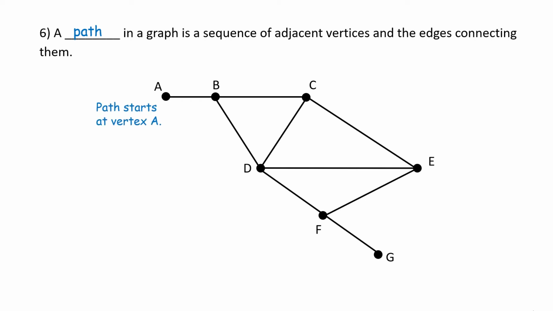I'll let a path start at vertex A. We can traverse to B and then travel from B to vertex D. We can travel along the edge from D to F and then travel along the edge from F to E, and we'll let this path end at vertex E. The path is A, B, D, F, and E.